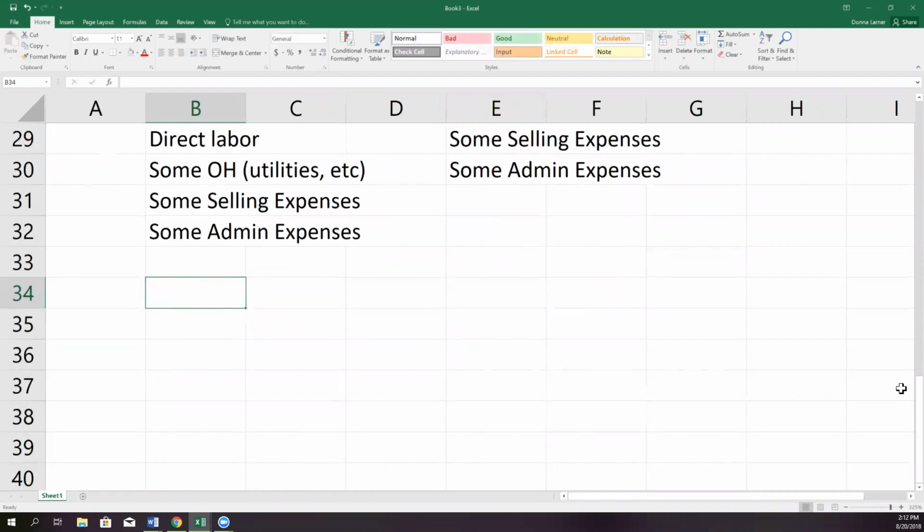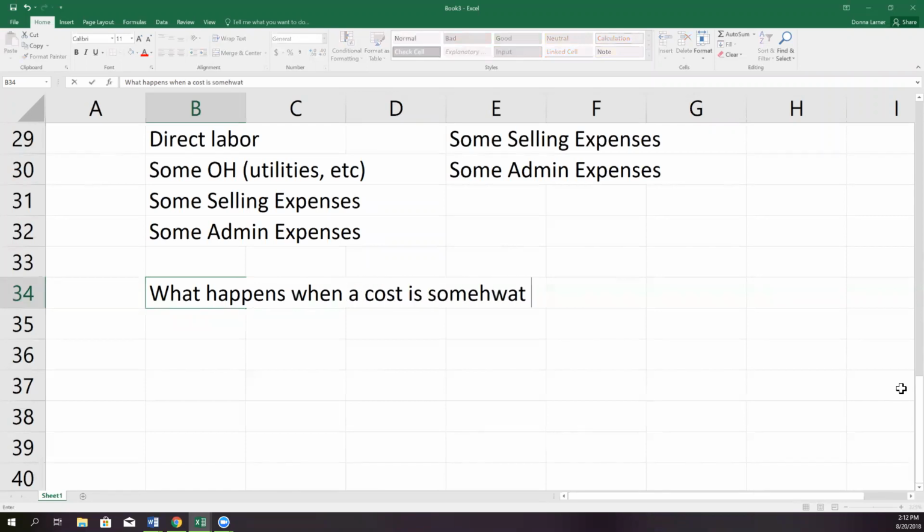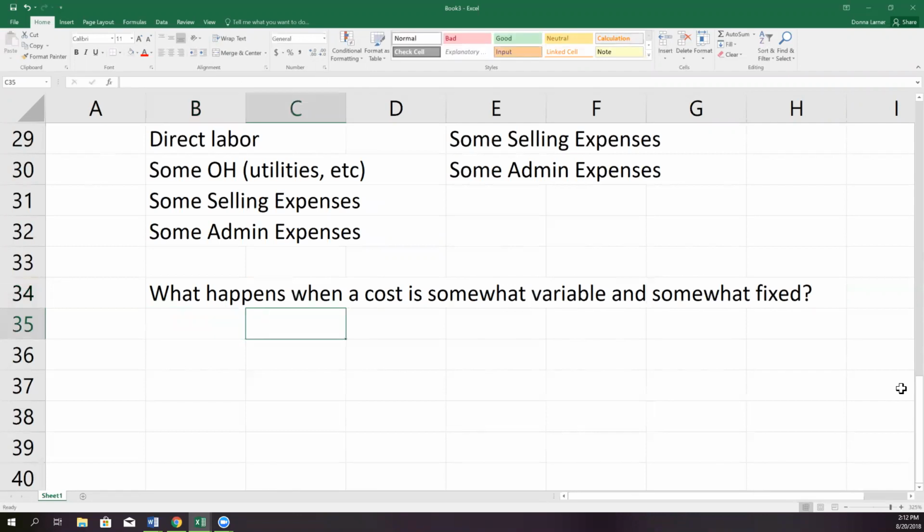Another part of your chapter is going to talk about what happens when a cost is somewhat variable and somewhat fixed. Those are called mixed costs. Sometimes we know the breakdown.